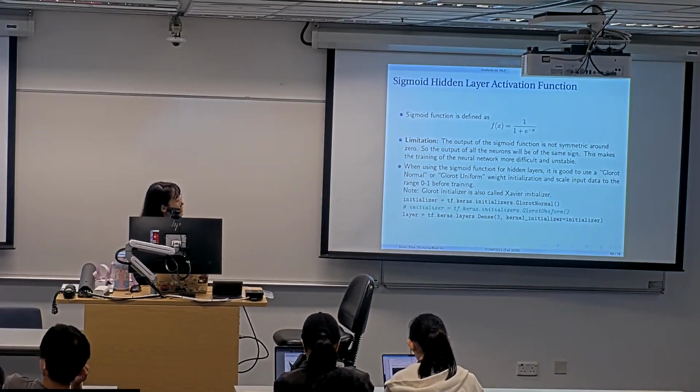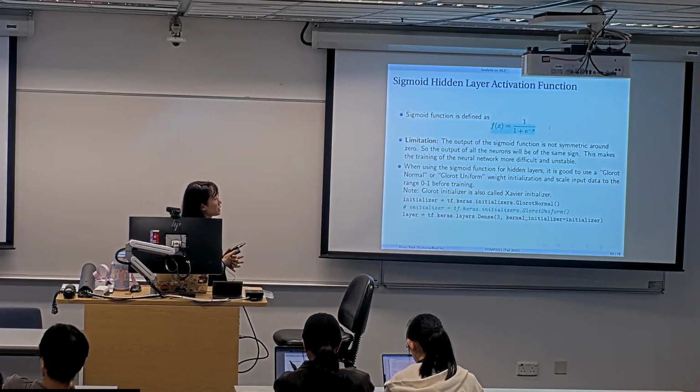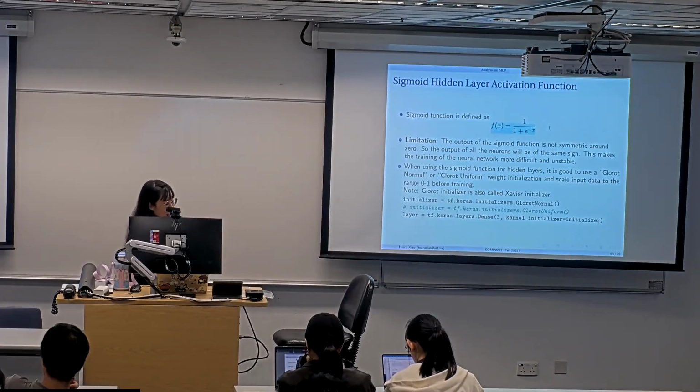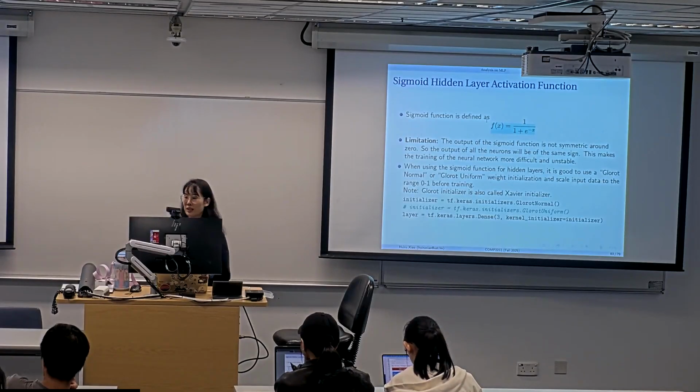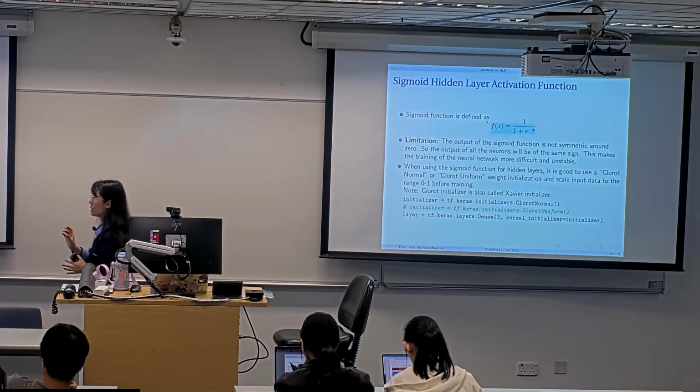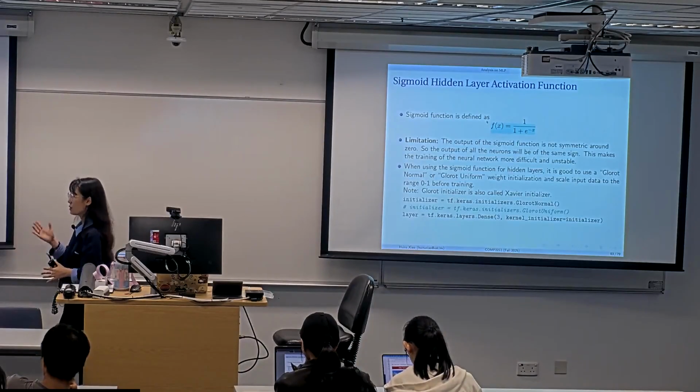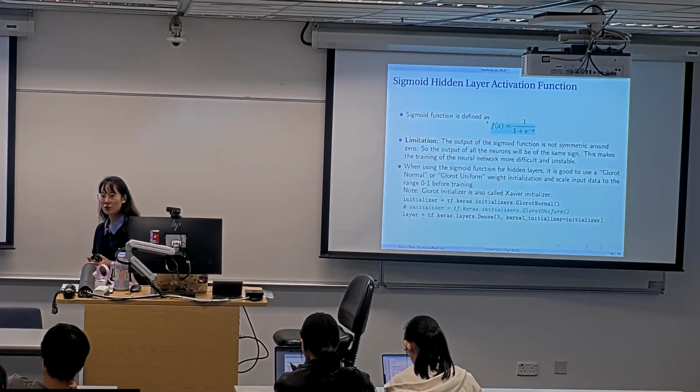Then sigmoid, a quick review: it's 1 over 1 plus exponential of negative x. Actually, there is a limitation of the sigmoid function we haven't mentioned before. When we were learning it in the artificial neuron, we kept it as a remaining item, and I said that when we learn the multi-layer perceptron, we will mention more limitations.